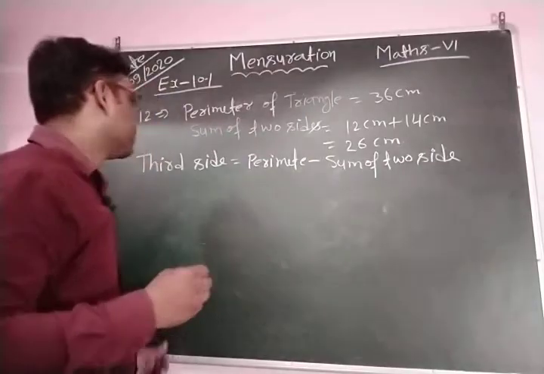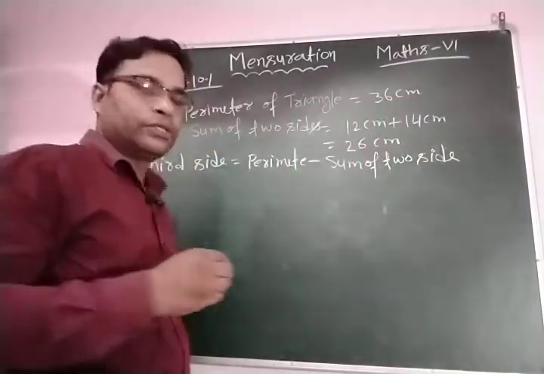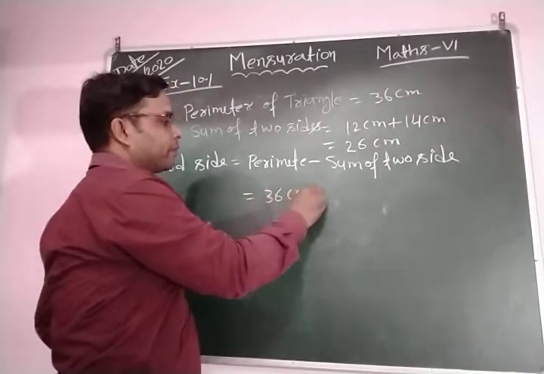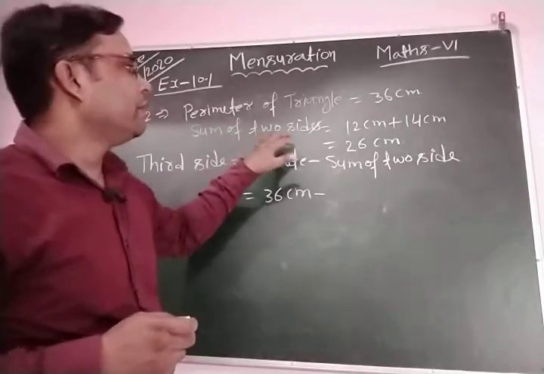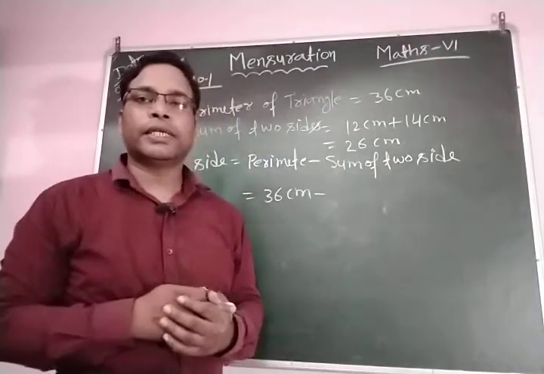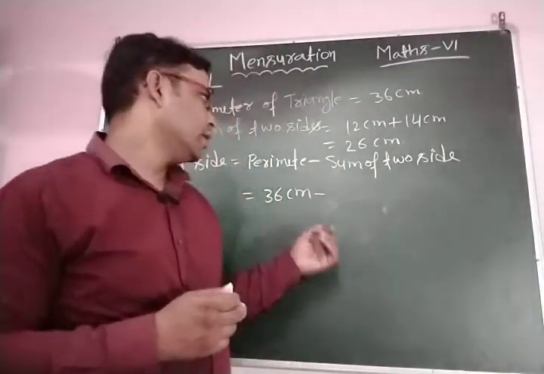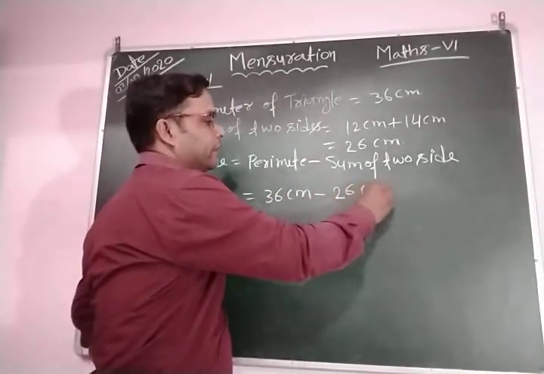Okay, now the perimeter of the triangle is given as 36 centimeters. So you can write here 36 centimeters minus the sum of two sides. The sum of the two sides is 26 centimeters, because the two sides are given as 12 centimeters and 14 centimeters.